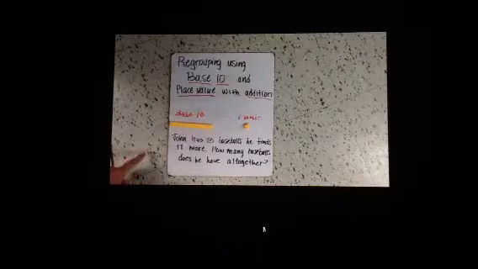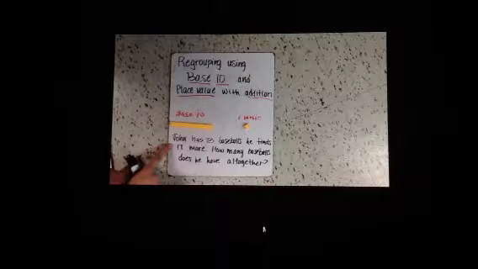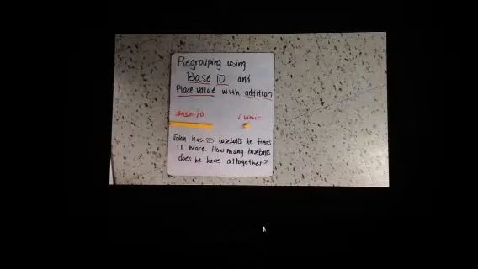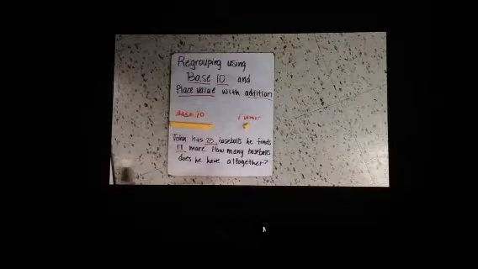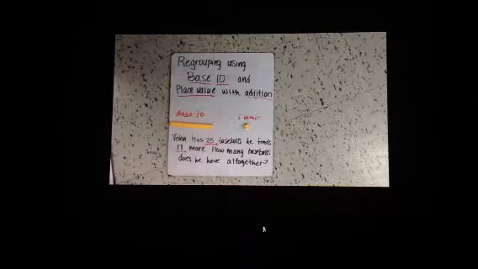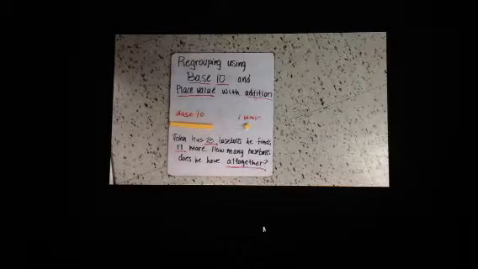Let's look at our problem. John has 23 baseballs. He finds 17 more. How many baseballs does he have altogether?